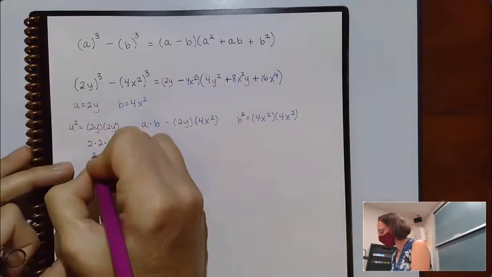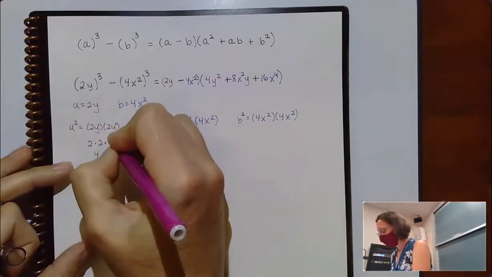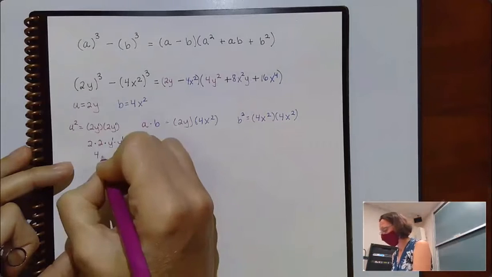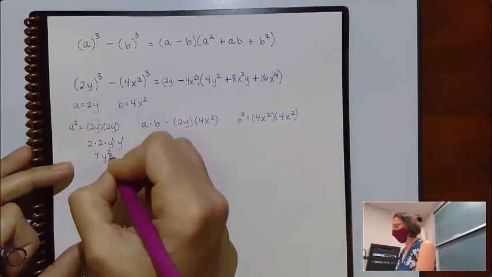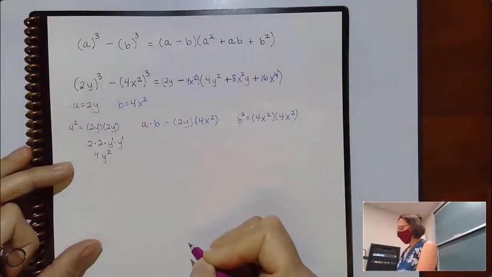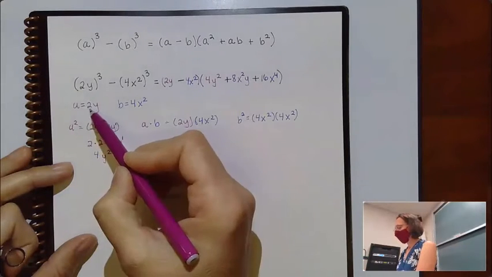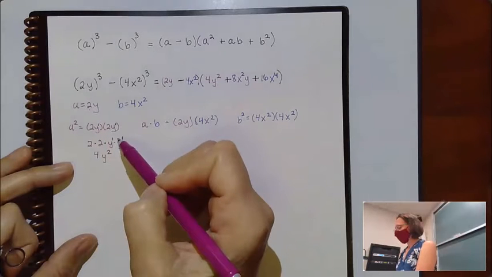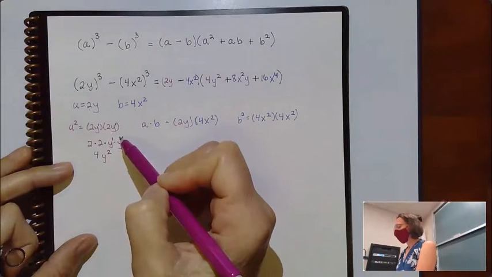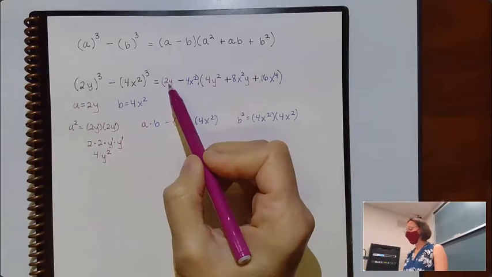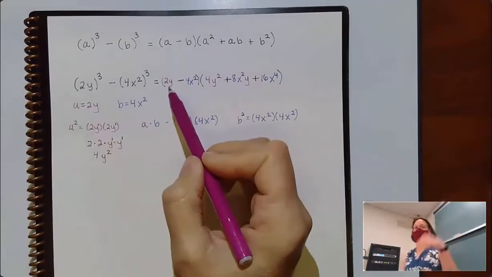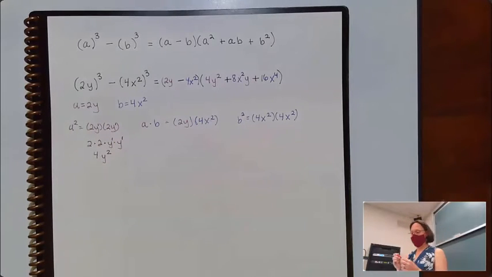So the 2 times 2 is what gives me the 4. And you're right, I'm going to add those invisible exponents and get y to the 1 plus 1, or y to the 2. Sorry, I thought you meant just the part A. Got it. Yeah. So for this piece, you're just copying down whatever it is. There's nothing you're doing to that exponent. Yep. I am out of time.